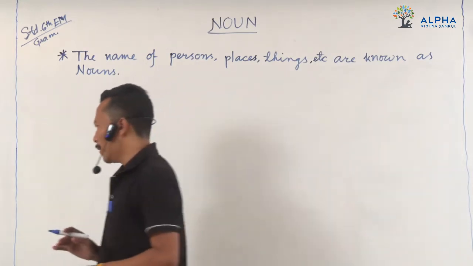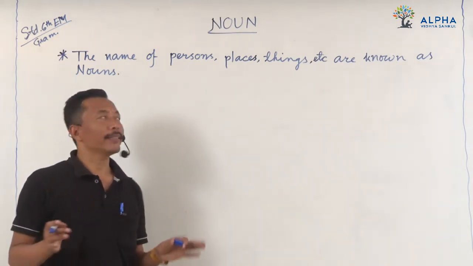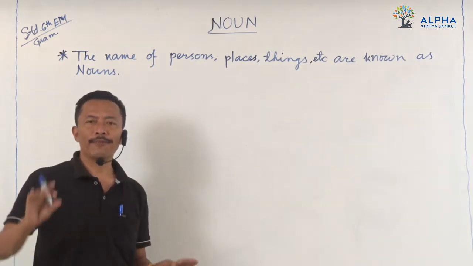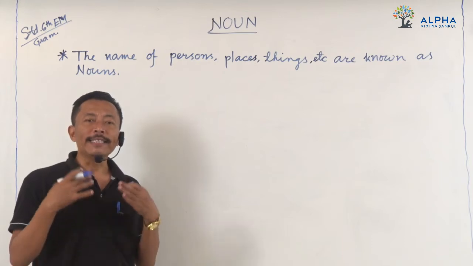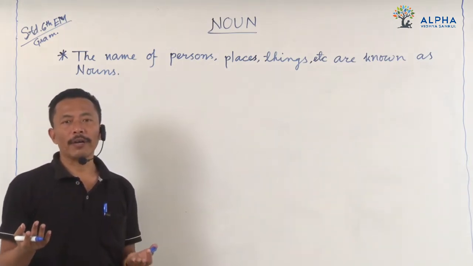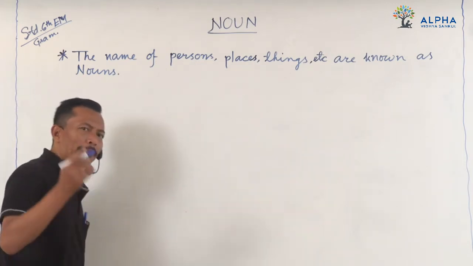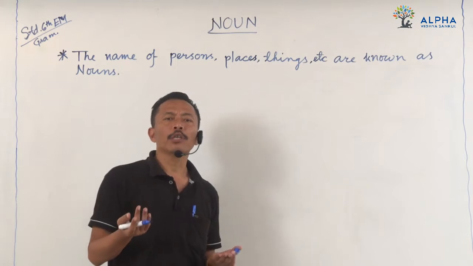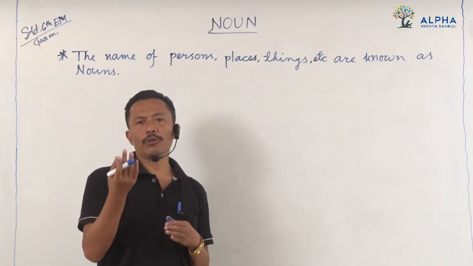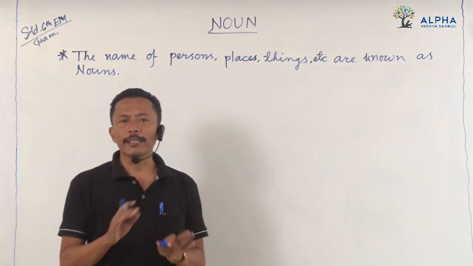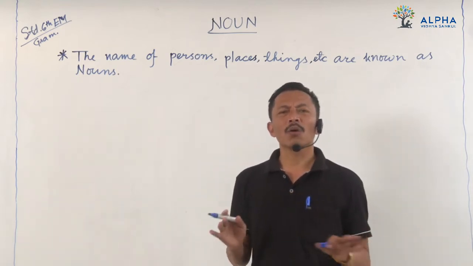But the grammarians have divided these nouns into different parts, different kinds, to make it easy to understand. First of all, the persons. Suppose any person's name. It may be your parents' name. It may be your name. Your name is your noun. Your friend also is a noun. It may be scientists, players, singers, actor, actress. Many things. All are nouns.